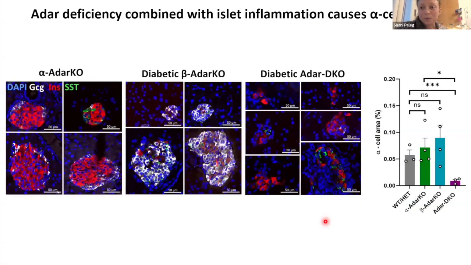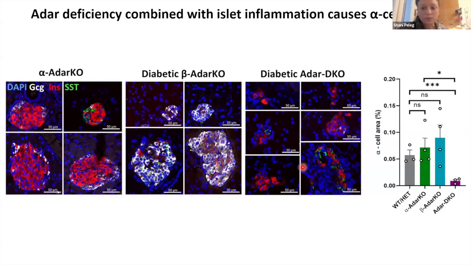And indeed it did. So we can see here islets from our 3 mouse models, stained for glucagon in white, insulin in red, and somatostatin in green. In the alpha Adar knockout mice, we have normal islet architecture, normal insulin and glucagon staining. In the beta Adar knockout mice, we see a significant decrease of beta cells, or insulin-positive cells, in islets.